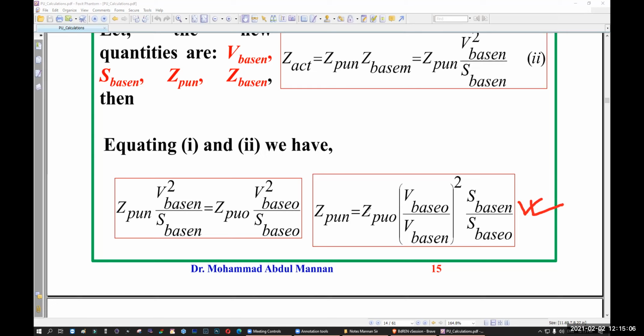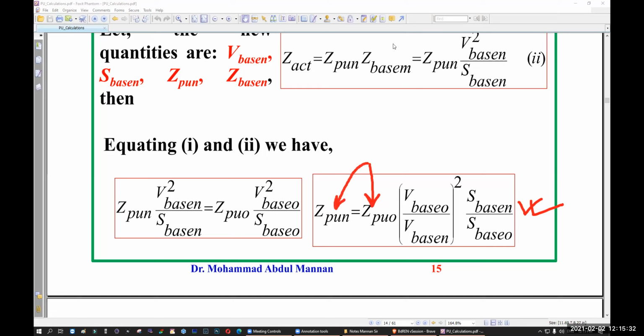So when you are going to change the base, or when the base is different from your nameplate rating, listen carefully. When the base value is different from your nameplate rating, you have to convert your per unit Z to the new one.